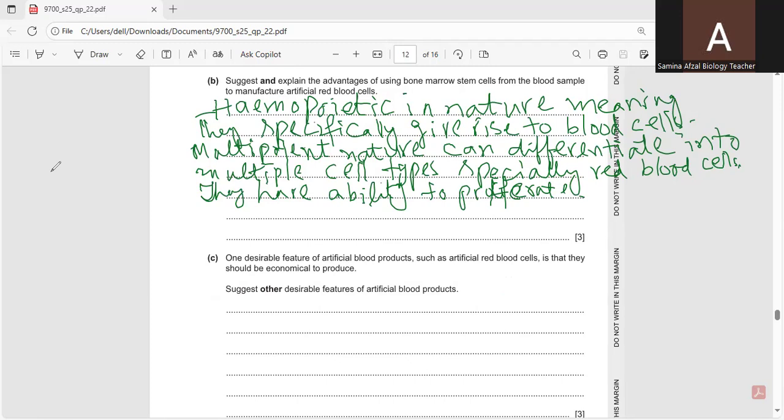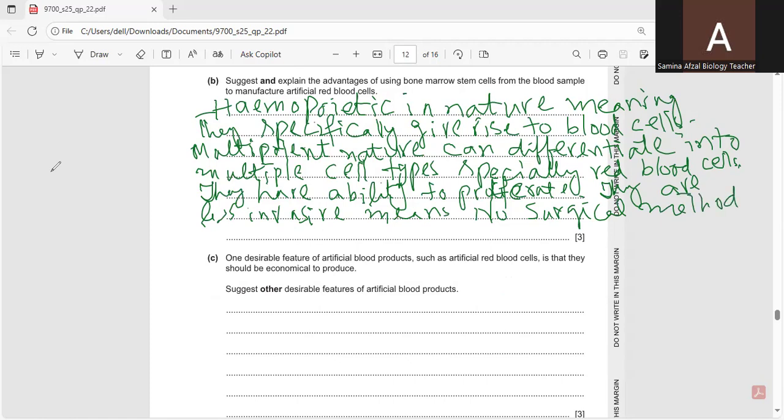And then I would like to go with another point: they are less invasive, which means no surgical method is required.